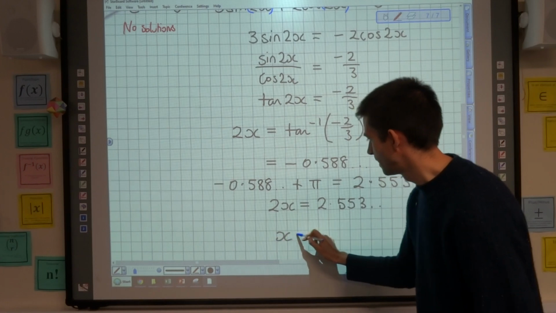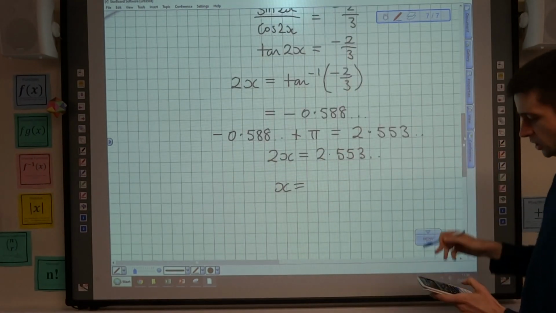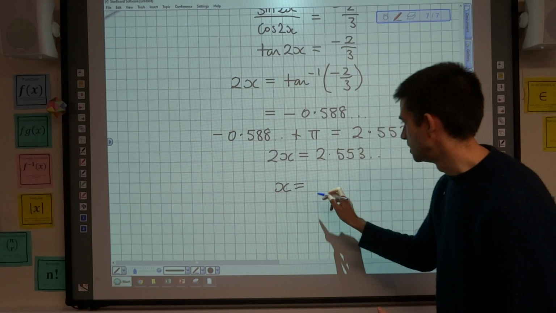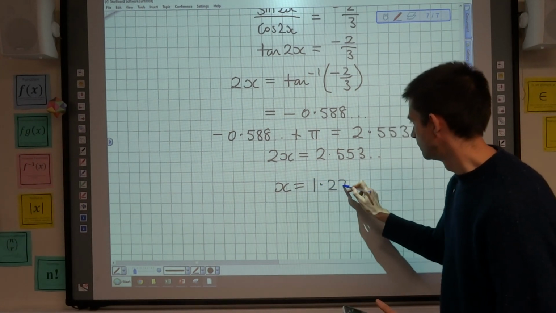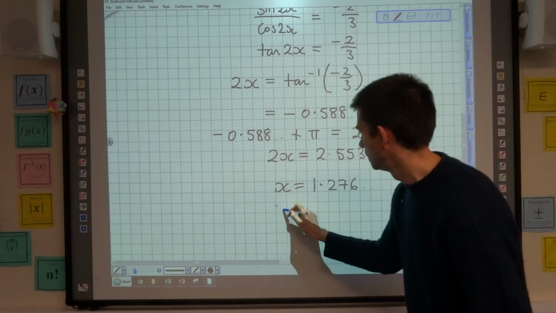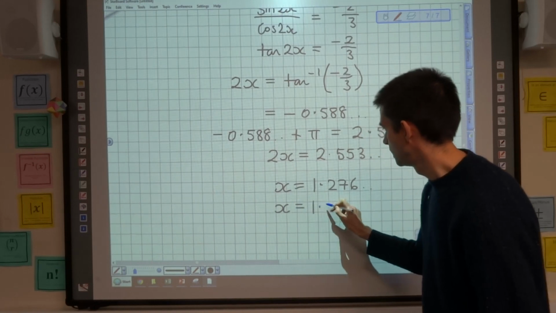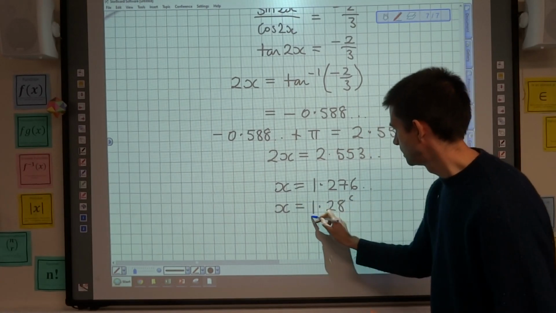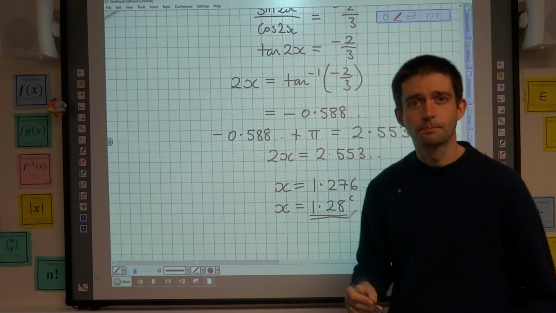So to find the value of x, I just need to divide that by 2, which is 1.276. So to 3 significant figures, x is 1.28 radians.